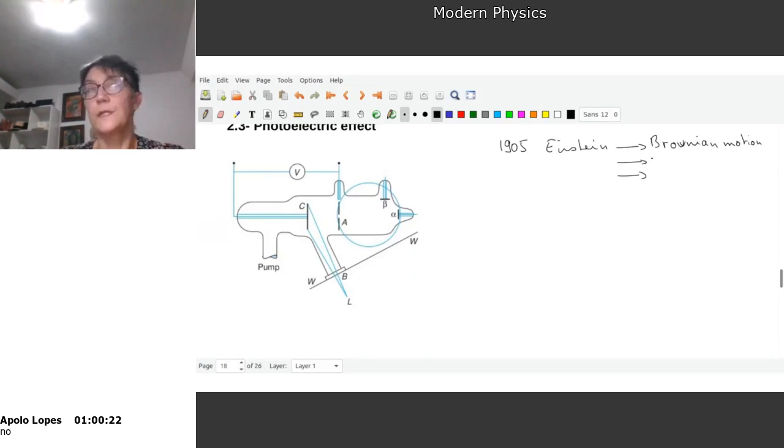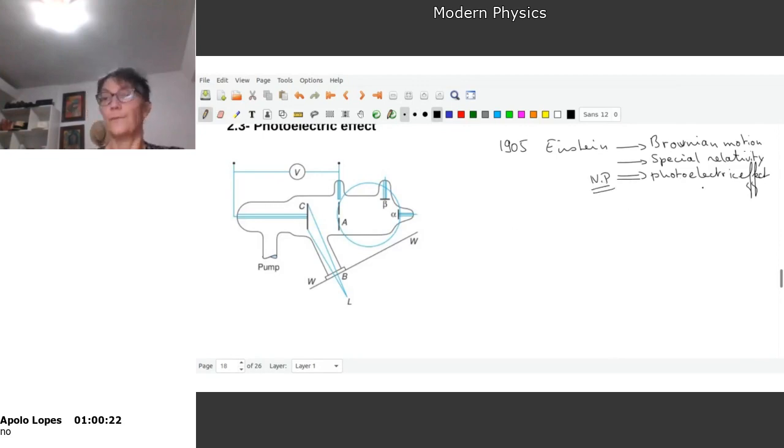The restricted special relativity, and the photoelectric effect. And he won the Nobel Prize for this discovery, this explanation.